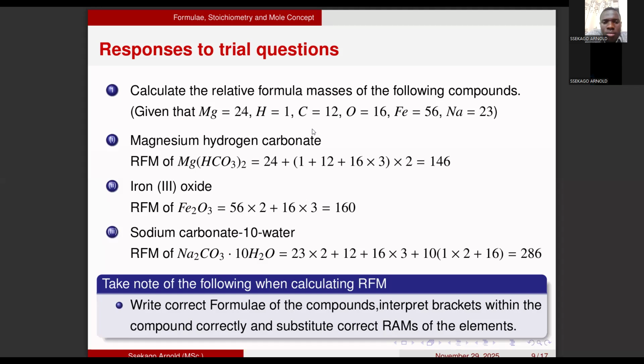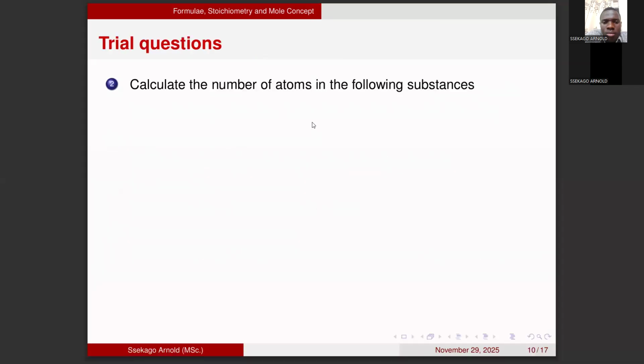Welcome back to this online tutorial. We had gone through item one, which was on determining RFM of different compounds.